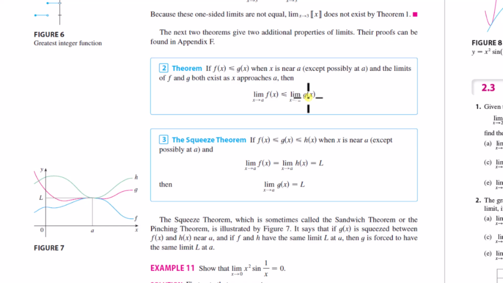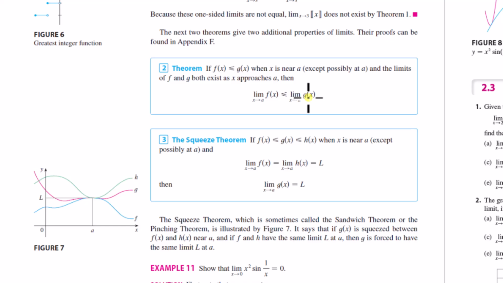If a function f of x is always less than or equal to a function g of x in the region around an x value a, but the value at a itself is irrelevant. So this is not saying anything about the functions having to be continuous.